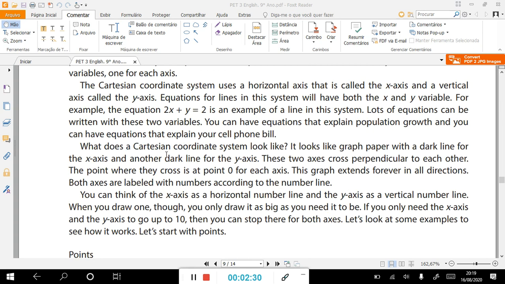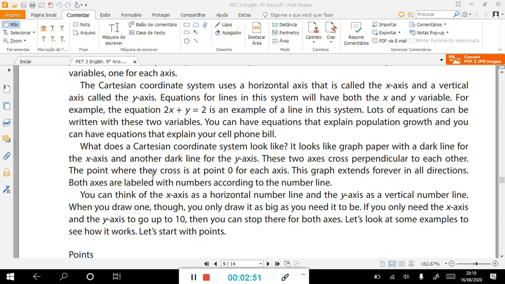What does a Cartesian coordinate system look like? It looks like graph paper with a dark line for the x-axis and another dark line for the y-axis. These two axes cross perpendicular to each other.